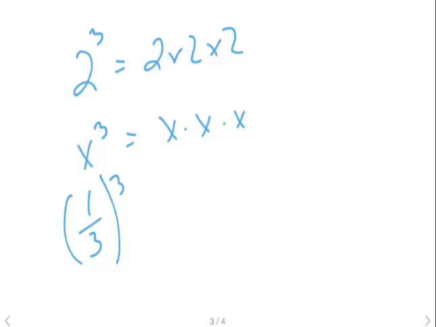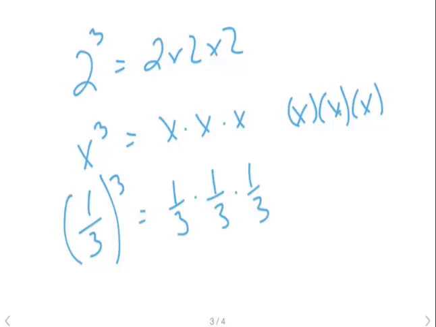You'll notice that I went with a little dot. In algebra, we're going to use that little dot, or we can also use brackets to show that those things are multiplied, but we'll talk more about that later when we get more into variables. We just don't use the times symbol because x times x gets really confusing when you have a multiplication symbol in there. And then we have this guy here, so this would just be 1/3 times 1/3 times 1/3. Okay, so no big deal there.